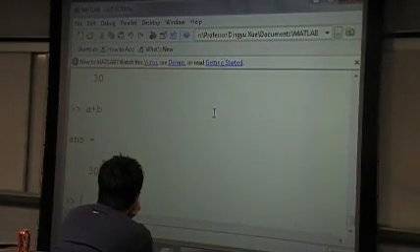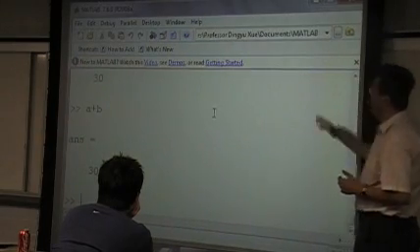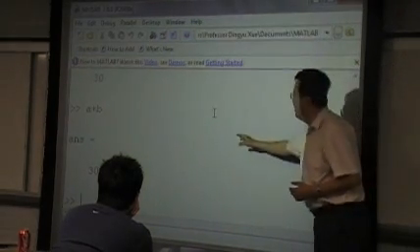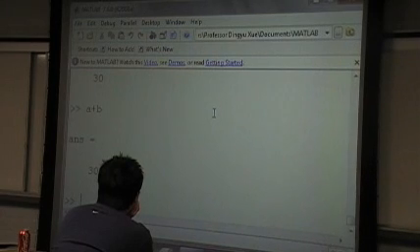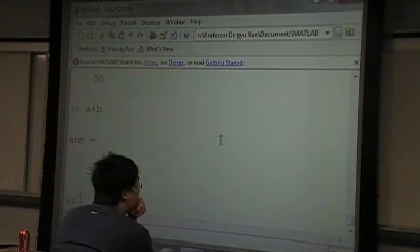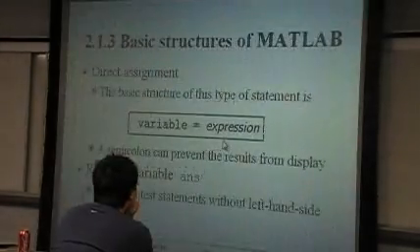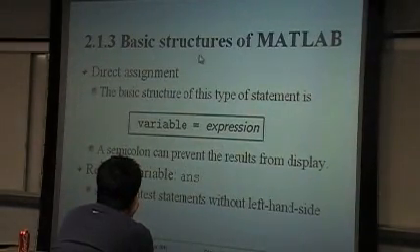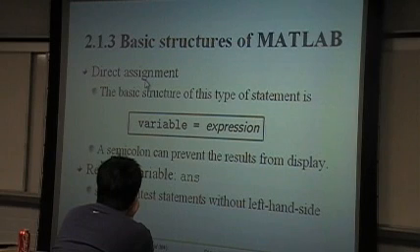If you do not have a left-hand side variable, then you will save the result to the ans variable. So these are the basic statements of Matlab, called the direct assignment.